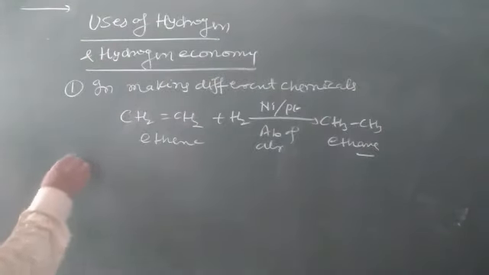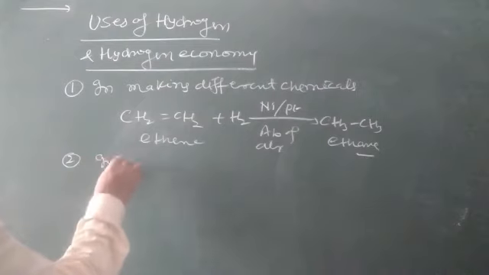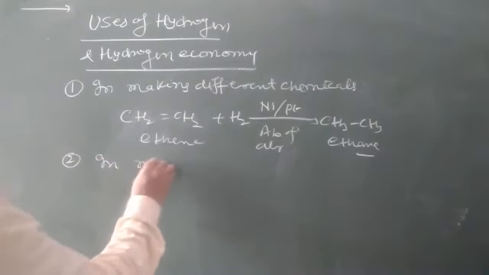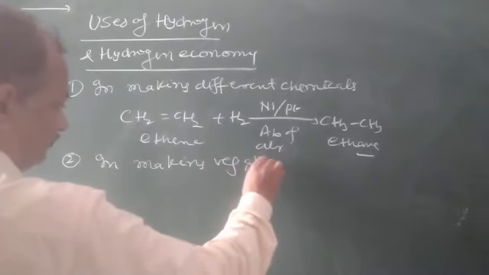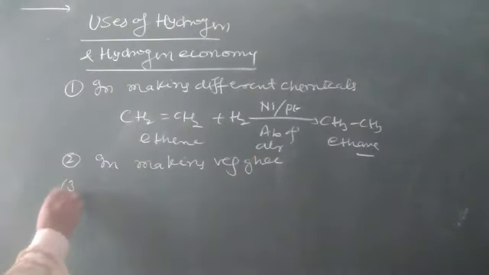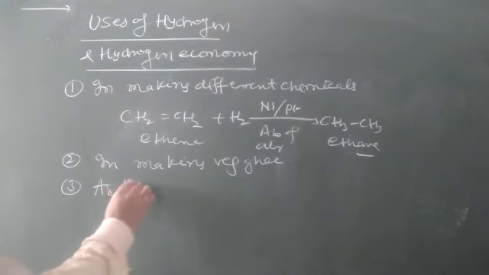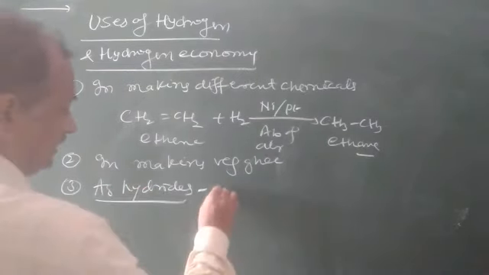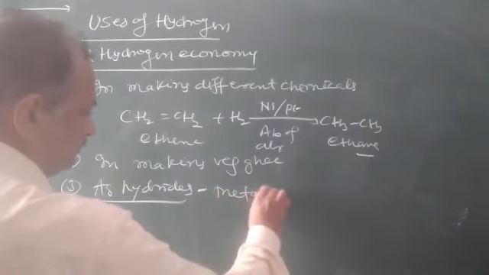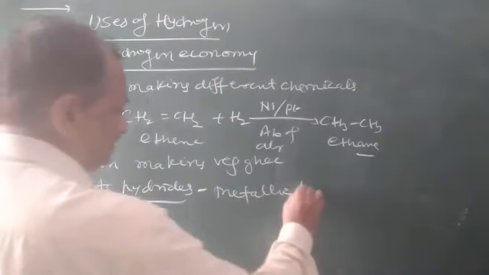Similarly, hydrogen is used in making vegetable ghee, then as hydrides, particularly metallic hydrides.